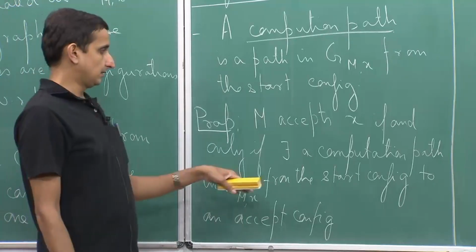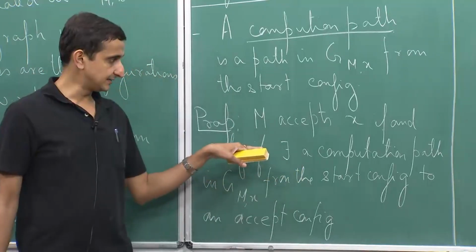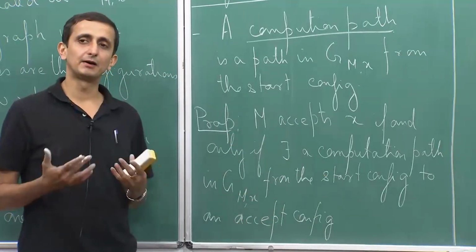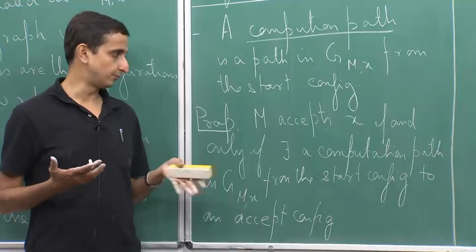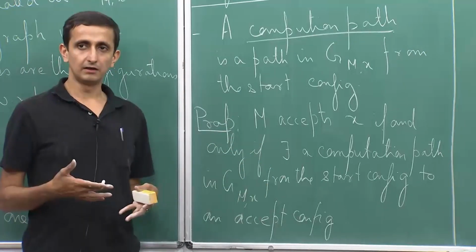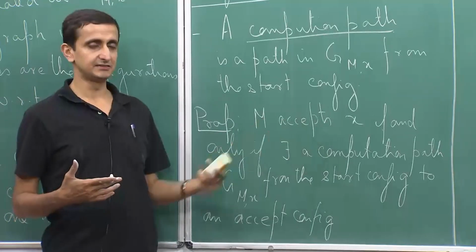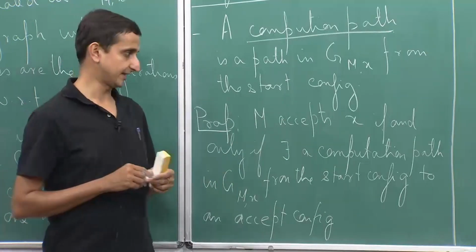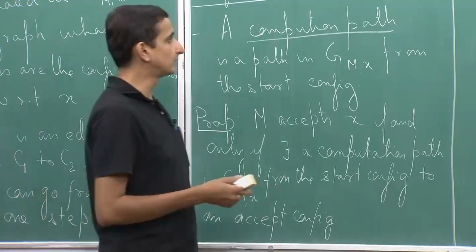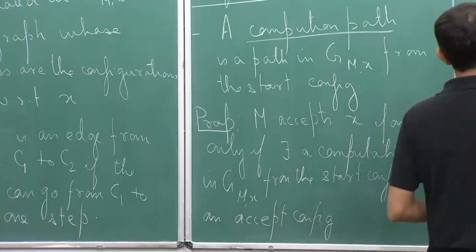Because if there is a path from the start configuration to an accepting configuration, I can follow that path and that would accept the input x. If there is no such path, that is, all paths lead to reject configurations, it means that x is not accepted. Let us look at some properties of the configuration graph.